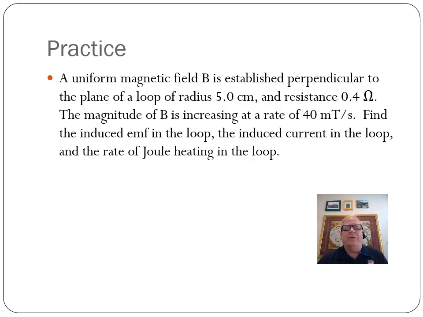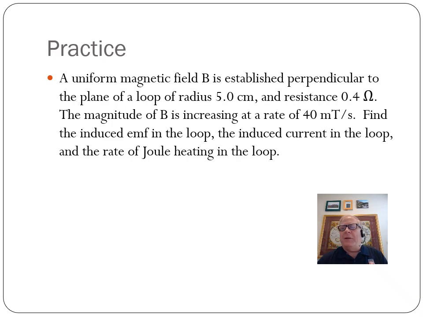First of all, make sure that when you're finding your area to get your magnetic flux, you are taking centimeters and converting them to meters. And then this is a circular loop, so you'll have to use the formula for the area of a circle to find the area. And then if you multiply that area times the rate of change of the magnetic field, you should get the rate of change of the magnetic flux.